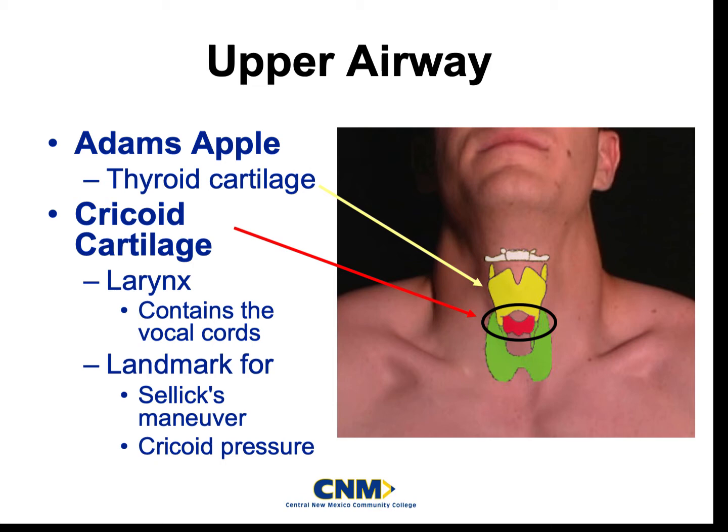This is something that you guys are going to be doing to manipulate the airway for your medic while they're trying to drop an ET tube. You're going to go backwards, upwards, and rightwards in order to try to get the actual vocal cords in sight of the paramedic, so that the paramedic can advance an ET tube through the vocal cords in order to establish an emergent airway for our patients.